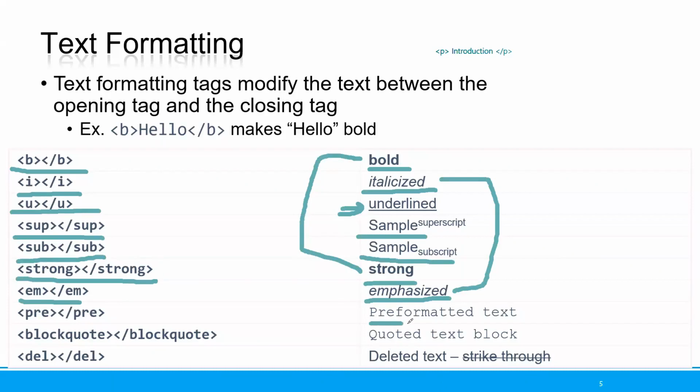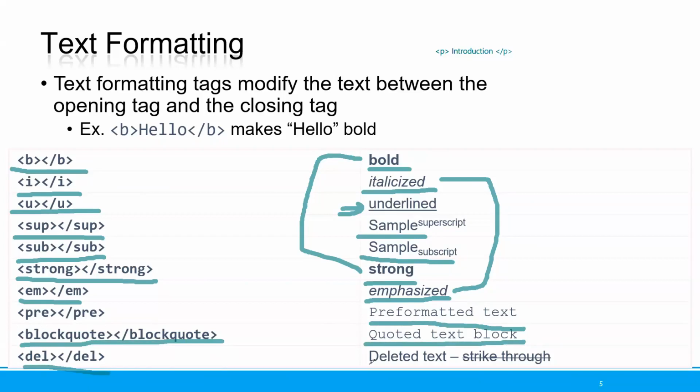Pre-formatted text is similar to P, but we have some predefined formatting for the text. And for a quoted text block, if you have some kind of quote, or you want to give sentences some importance on your web page, you can use blockquote.